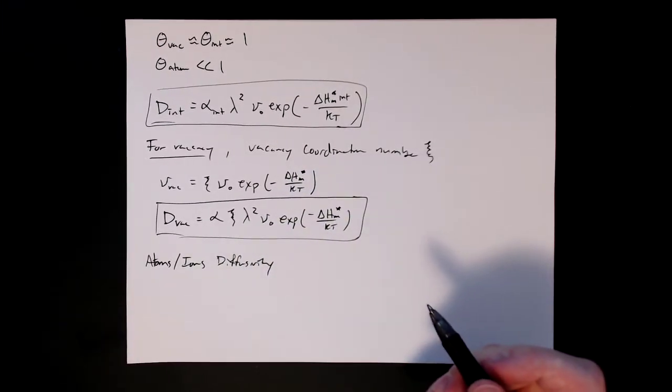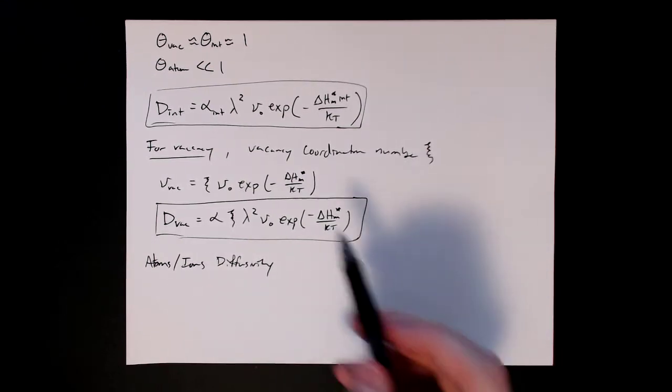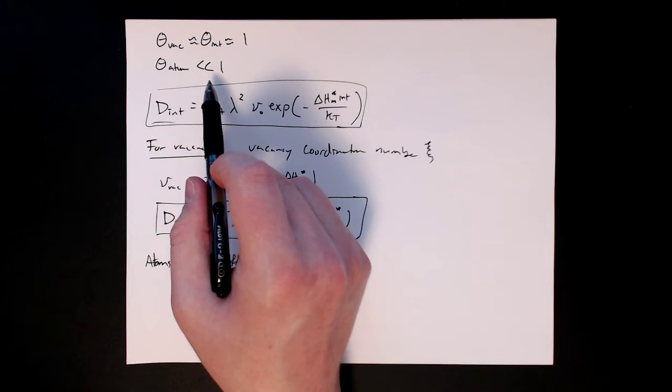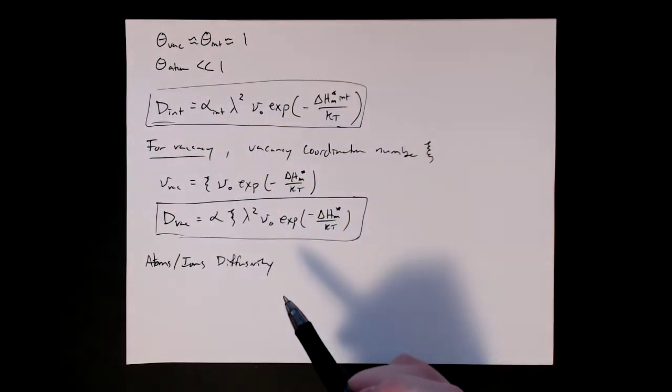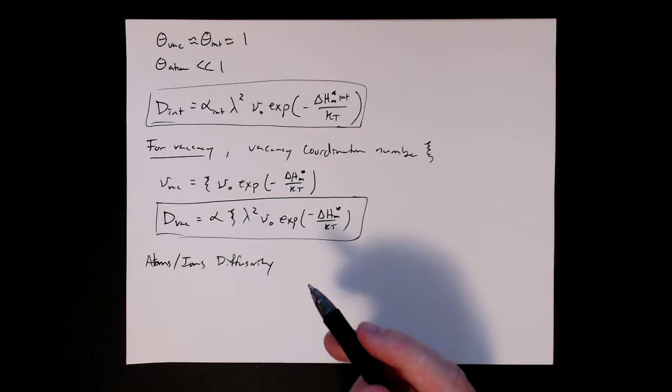So here, the diffusing species is the atom or ion, and the vacant site is an actual vacancy in this case. And so again, the number was very low, as we talked about. And so this probability of the site being empty is going to be equal to the mole or site fraction of vacancies, right?